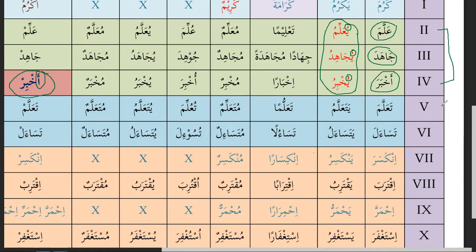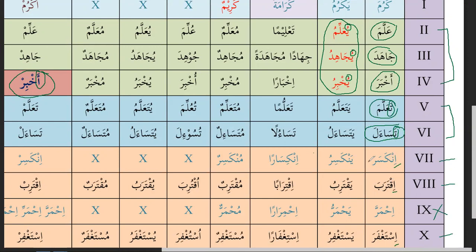Then we studied the next two families. See, the color is the same. Ta'allama and tasa'ala are the only two families that begin with ta. Then we studied families number 7, 8, and 10. Forget about 9. These three have the same background color because all of them start with i.